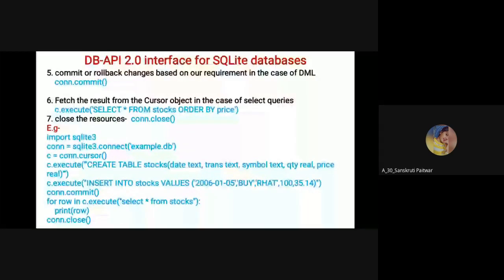So c.execute create table stocks, and the stocks table will be created. Then insert a record, that is c.execute insert into stocks, and you can insert values into the database. Then con.commit. Then for row in c.execute select star from stocks, print row. So we are printing one row at a time, and then con.close. So in this way you can make a connection from Python to an SQLite database.